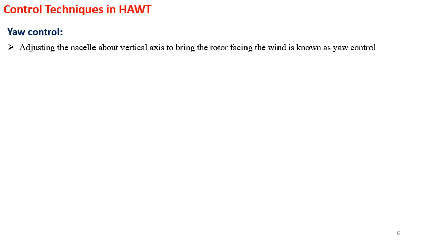This is achieved by a controlling arrangement where, when the wind direction changes, a motor rotates the turbine slowly about the vertical axis so as to face the blade into the wind. That is the process called yaw control.